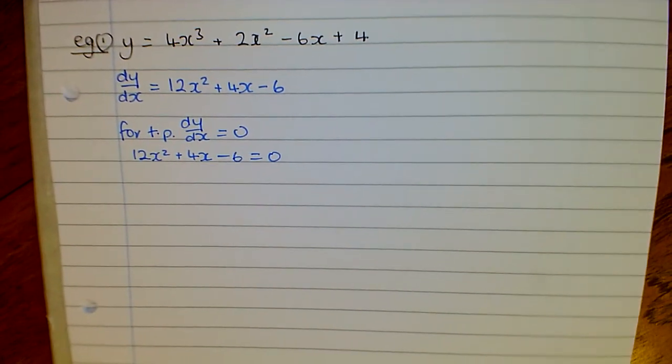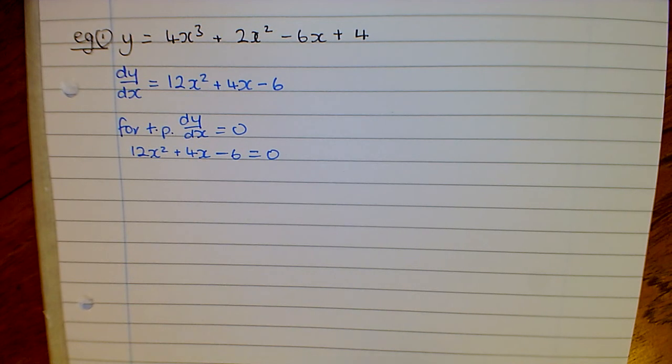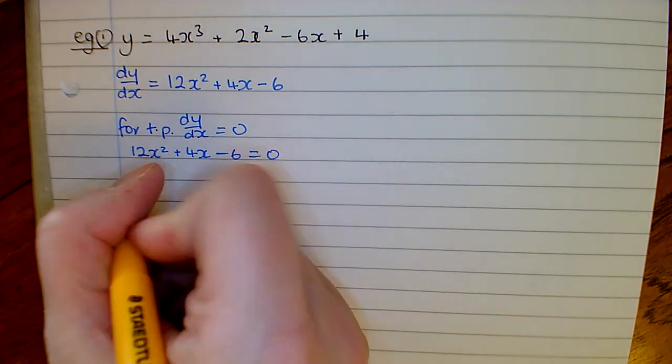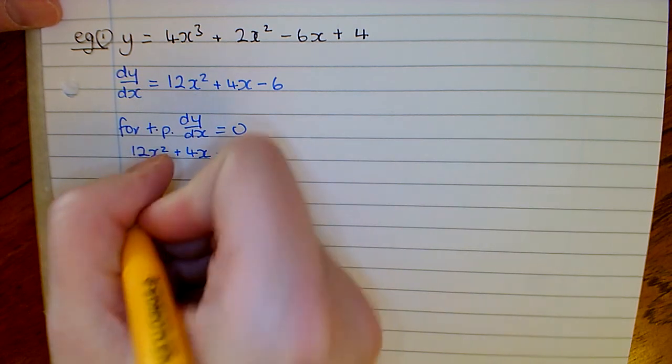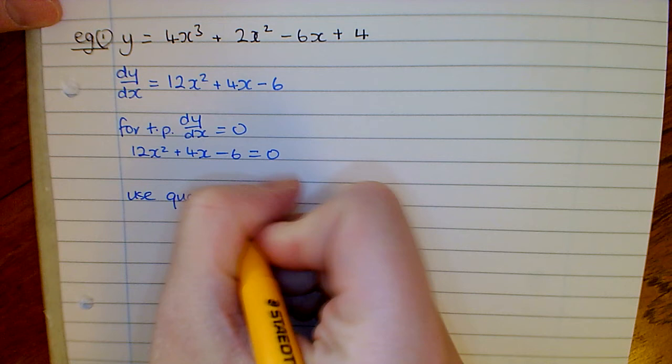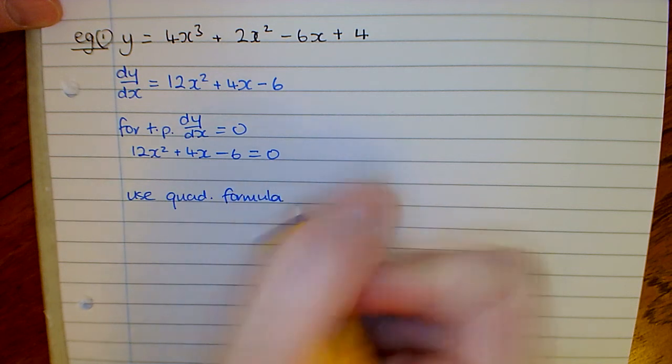So this is where these questions will be slightly more complicated because we have a quadratic to solve now. For this question we have to use the quadratic formula to solve it.